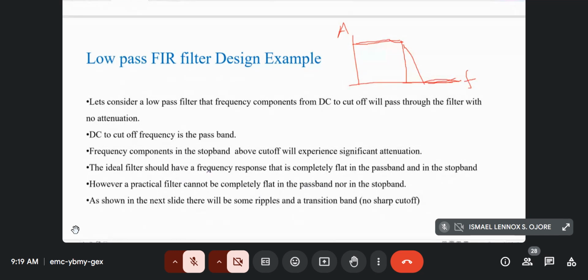And why we are saying that is because we end up not getting the ideal H of n. Because the ideal H of n would have an infinite number of delay elements and an infinite number of multipliers. So it's not practical.